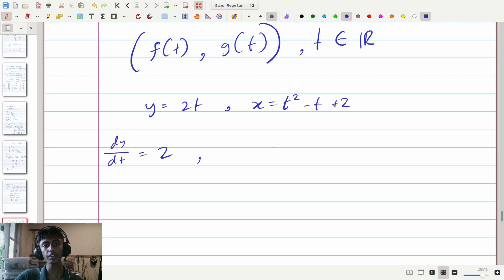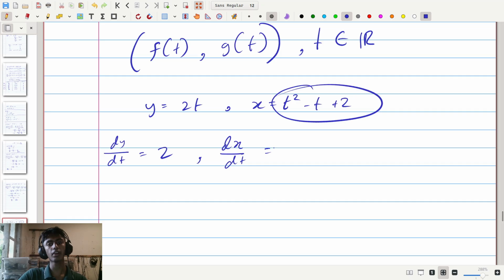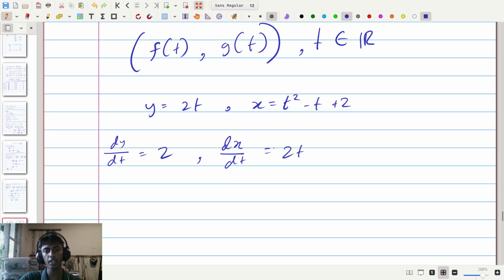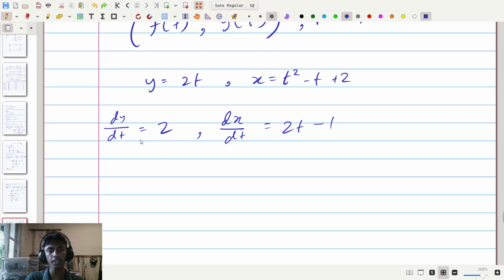Similarly, we can find dx by dt, since we know the relationship of x relative to t. Here t squared becomes 2t, negative t becomes negative 1, and plus 2 becomes 0. So dy by dt is 2, and dx by dt is 2t minus 1.